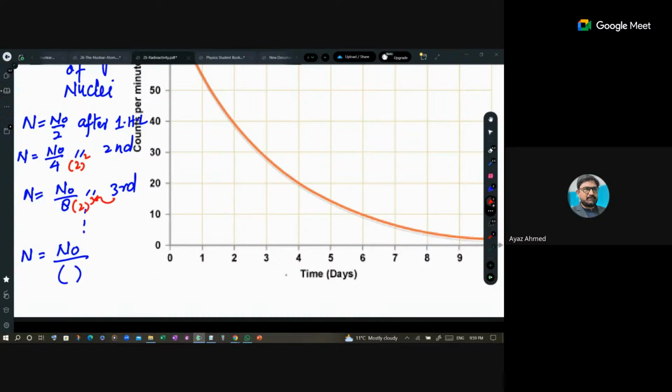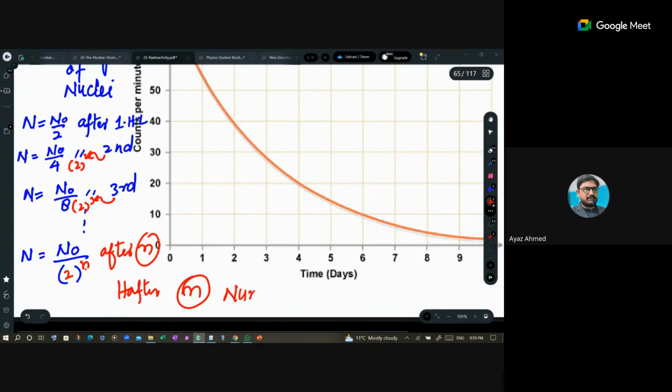So n is equal to n naught divided by 2 power n after n half lives. For example, 6 half lives, so it would become 2 power 6. This is where n is the number of half lives. What is n? Number of half lives.